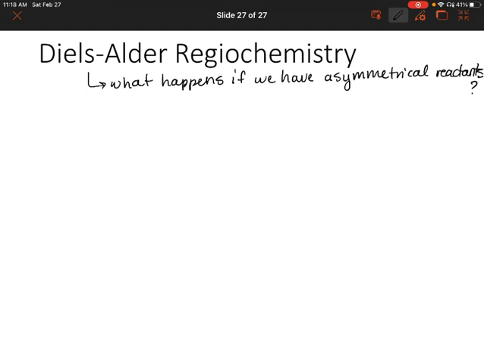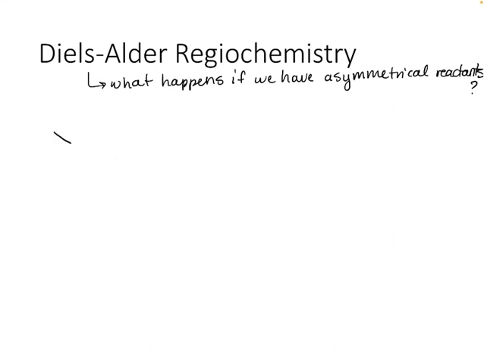Okay, so if we have asymmetrical reactants, we have to figure out, what's the best position for all of these substituents. So, for example, let's say we start with the following. Okay, so we have a methoxy group attached to our diene, and our dienophile is going to have an aldehyde bonded at the top, and then just a simple methyl group bonded at the bottom.